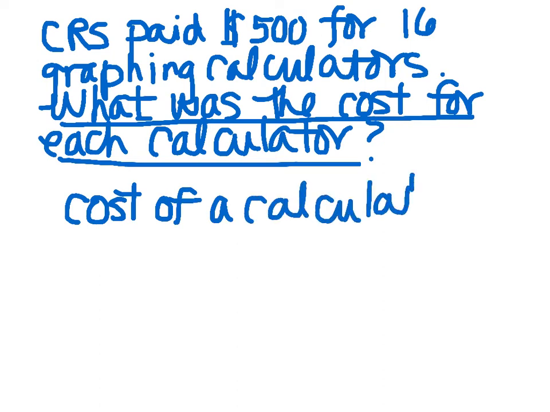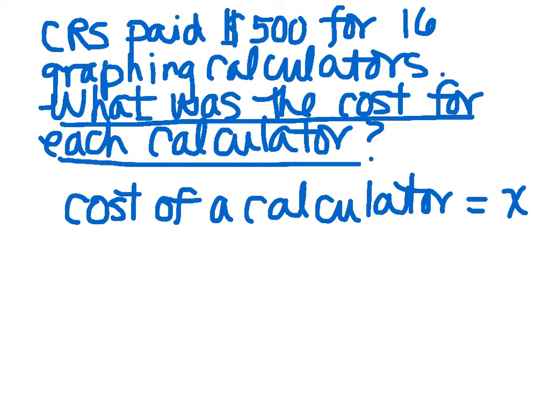And since we don't know that, unknowns are represented by a variable. I always use x, but it doesn't really matter what you're using. So this is the trickiest part, going back and figuring out how to use that and put it into there. So CRS paid $500 for 16 graphing calculators.